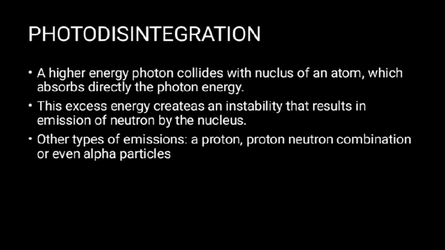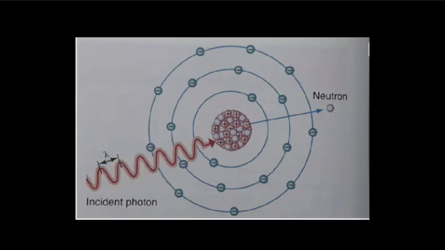In pair production, we were getting only positron and electron, but here we are getting a neutron. Other types of emission are also there, which are proton-neutron combination, or even alpha particles. This is the difference between pair production and photodisintegration.